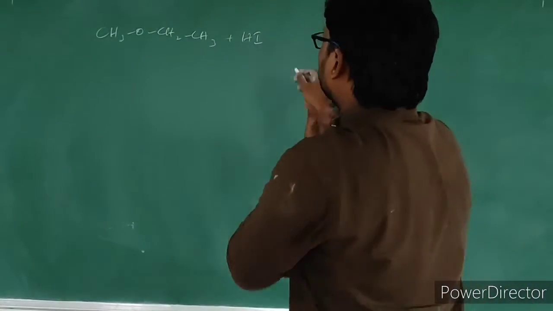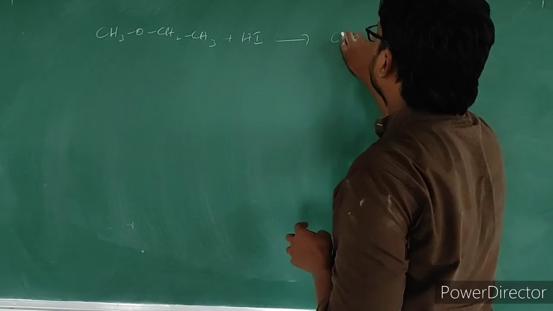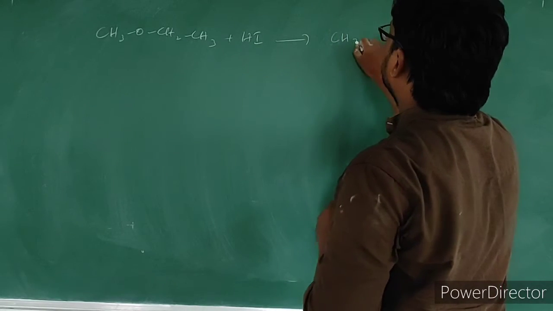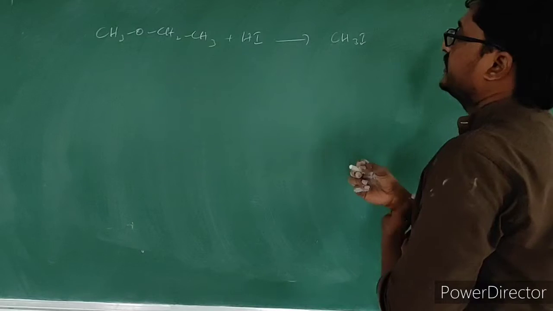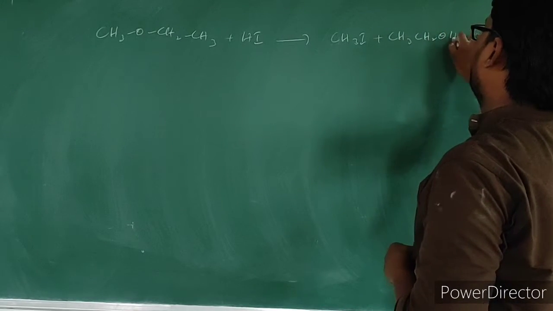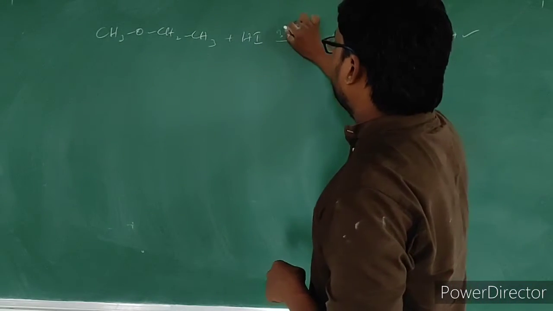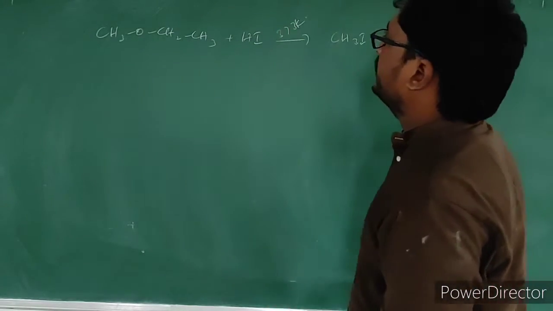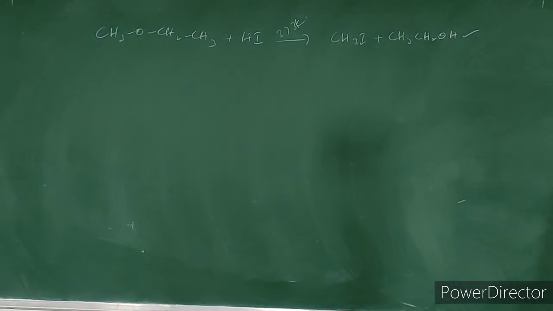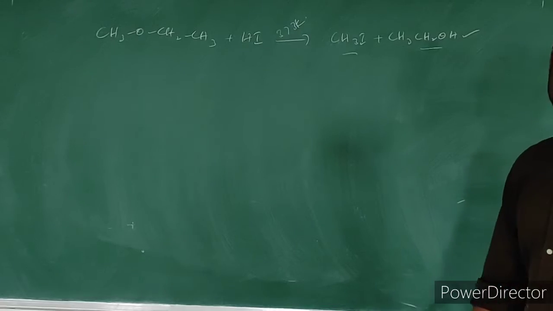Then the products are CH3I plus CH3CH2OH. Generally, these reactions take place at a temperature of 373 Kelvin. So methyl iodide and methanol get produced.